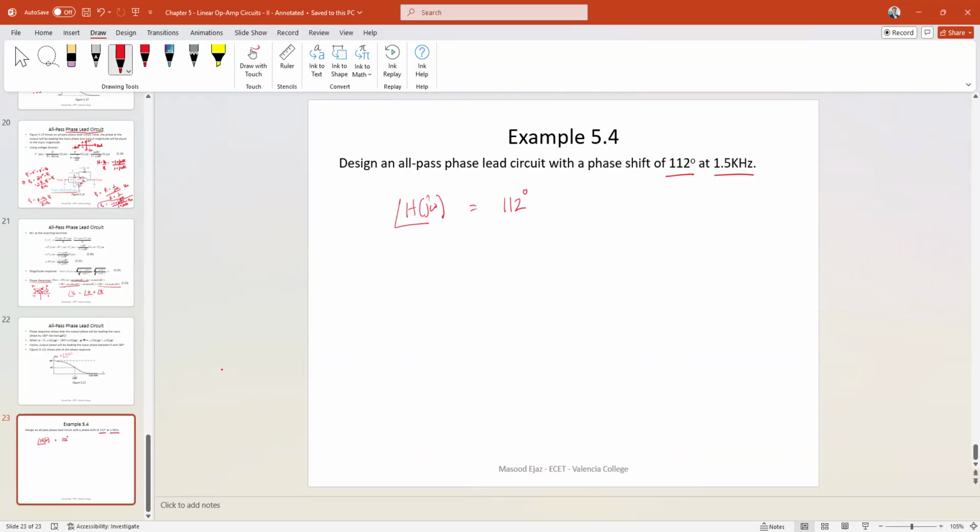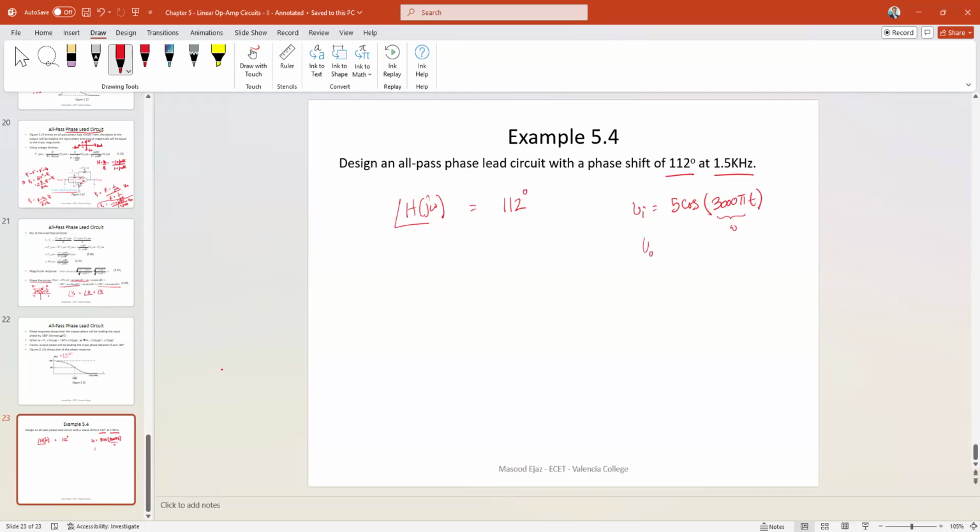So let's say the input is given, V input is 5 cosine of 3000 pi t, where 1.5 kilohertz, or 1500 hertz, means omega will be 2 pi f, so 3000 pi radians per second. That's the signal in the time domain.